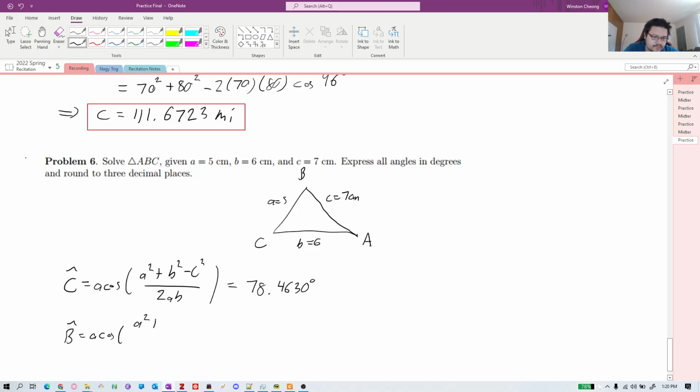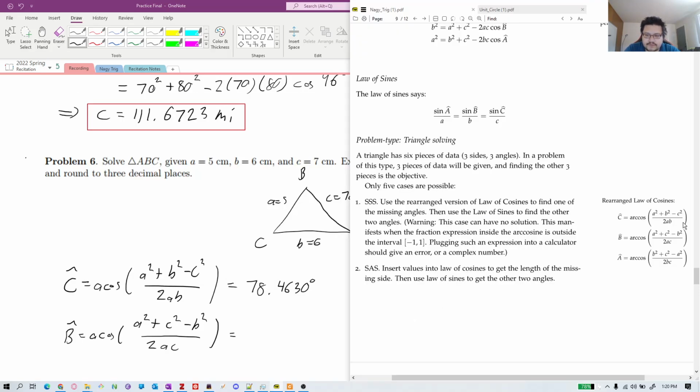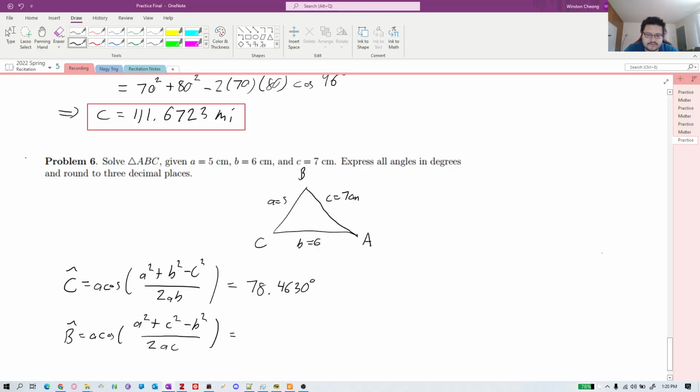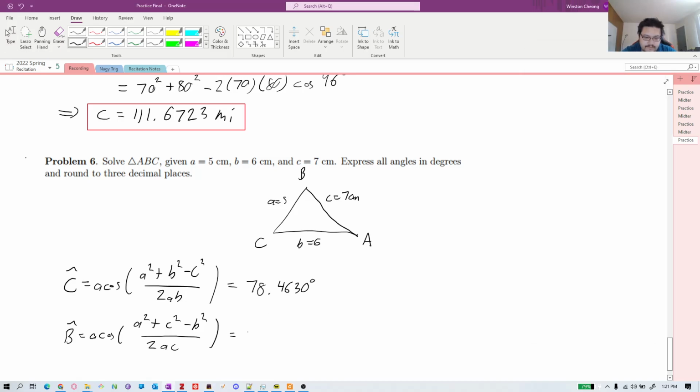So it's a squared plus c squared minus b squared over 2ac. You can check that with the thing that's given. So yes, that is indeed the correct expression. We can type that into our calculator. Arc cosine of a squared plus c squared minus b squared over 2 times a times c gives 57.1216.